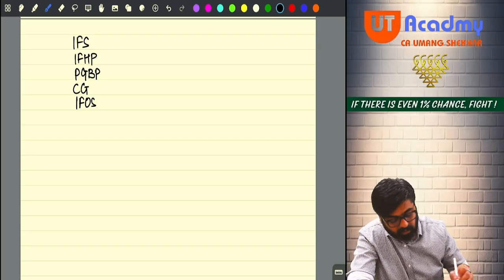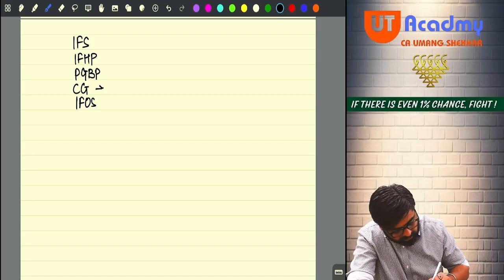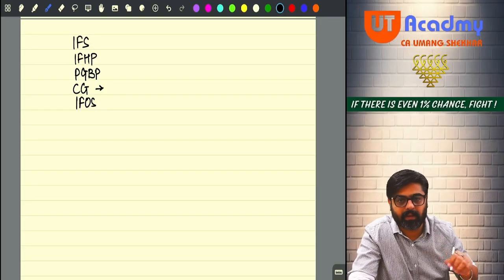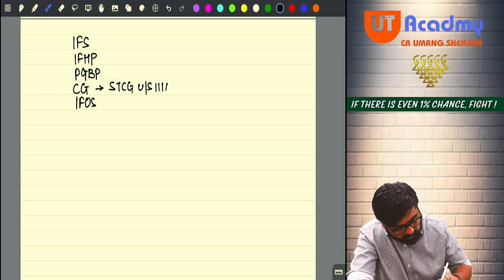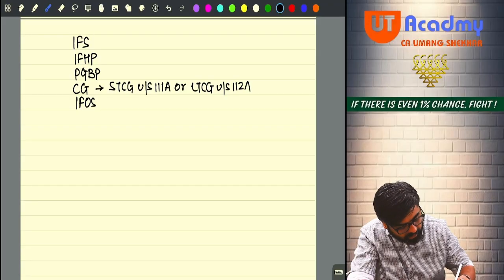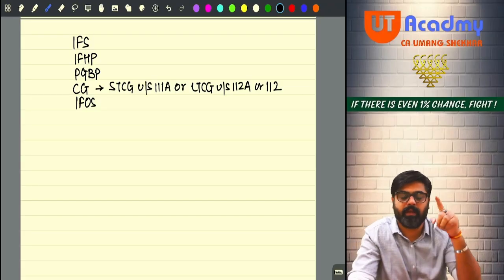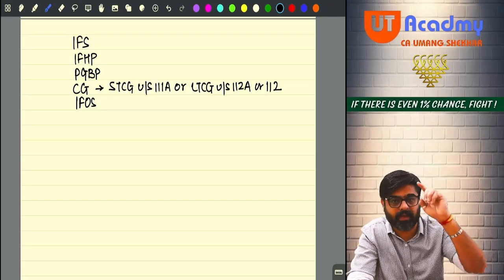Under the capital gain head, you must have calculated your short term capital gain under section 111A or long term capital gain under section 112A or 112. These capital gains you have shown under the capital gains head.